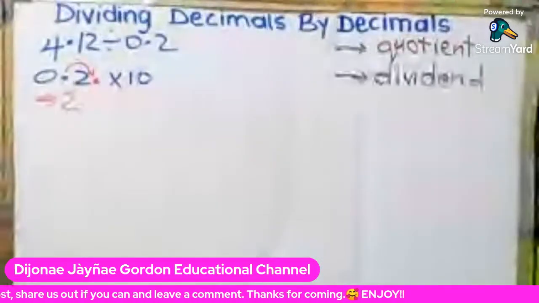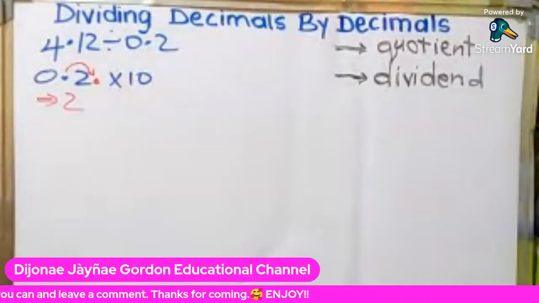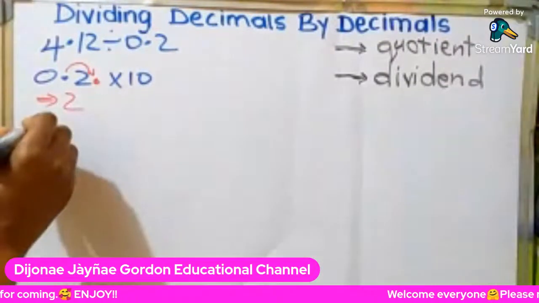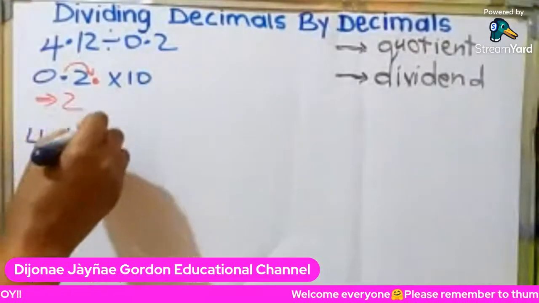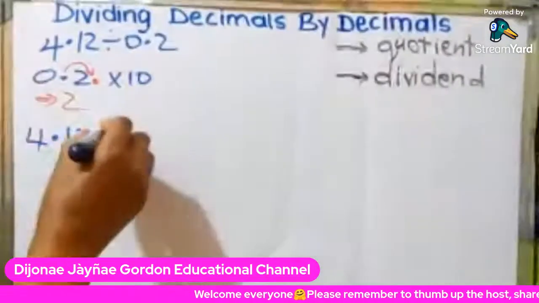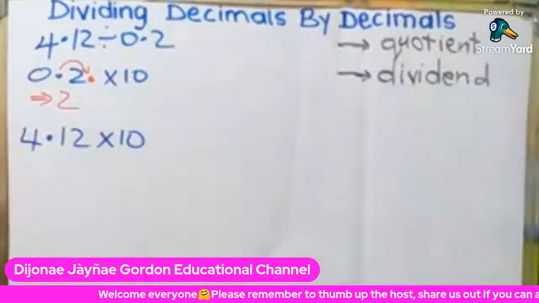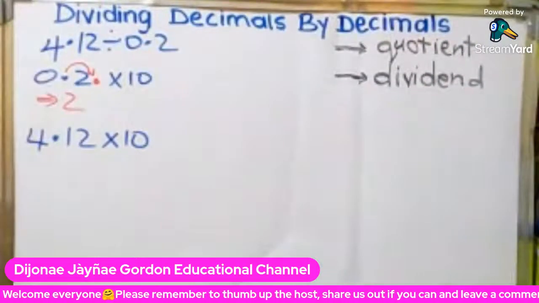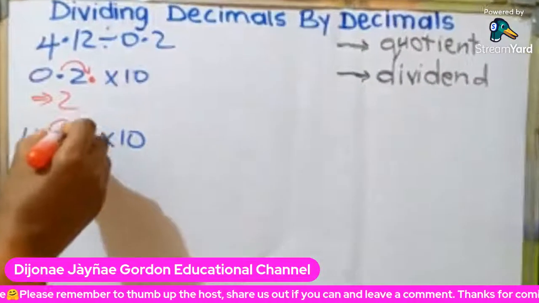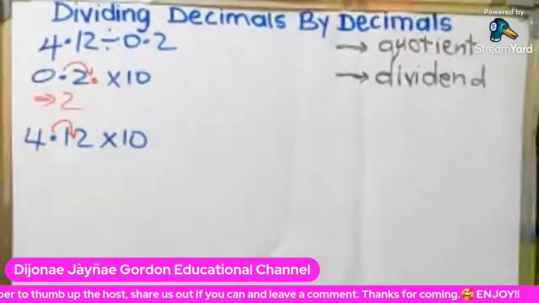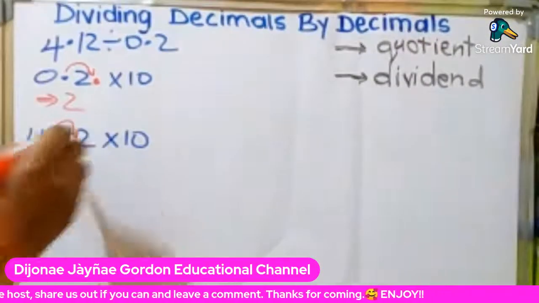All right. The next thing we're going to do is that we're going to do the same thing to our dividend. So 4.12 is our dividend, and we're multiplying by 10 as well. All right. So I'm going to be moving one place to my right with my decimal point.